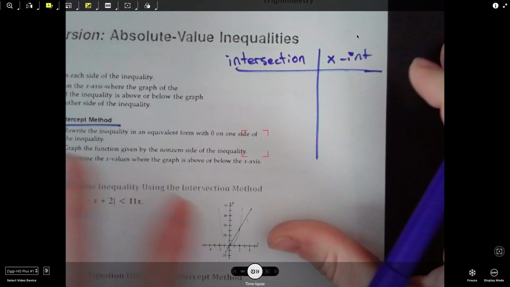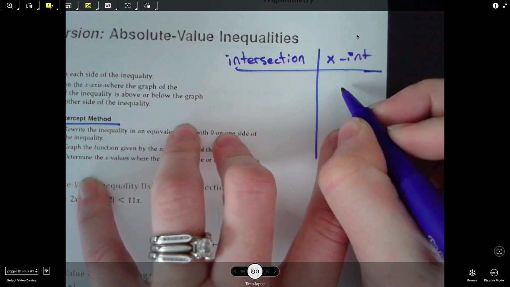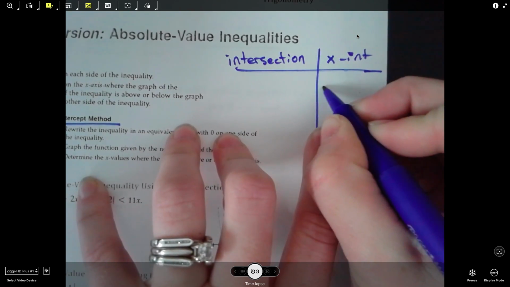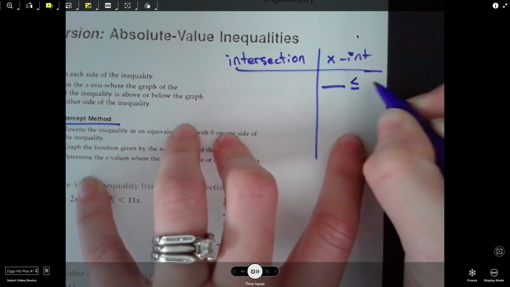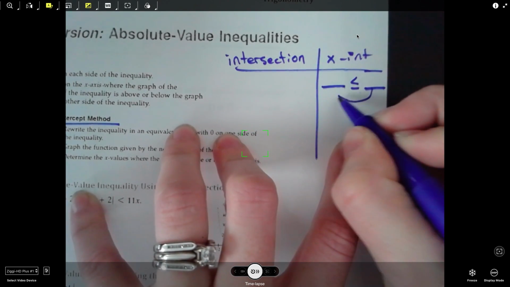When you're doing the x-intercept method and you're graphing on Desmos, you have stuff on both sides of an inequality symbol, whatever that inequality symbol is, and you want to get everything to one side.